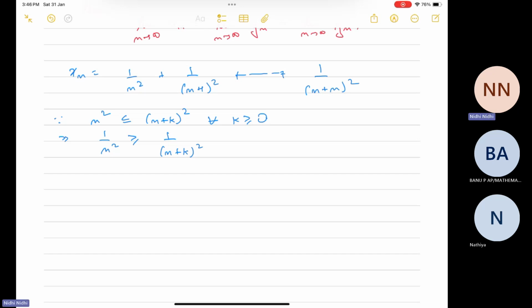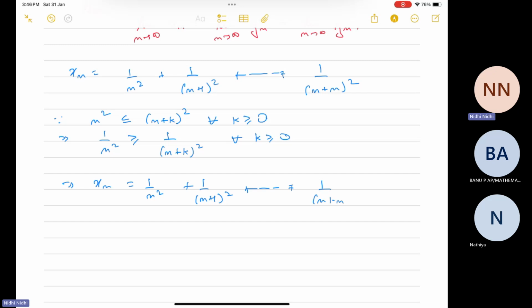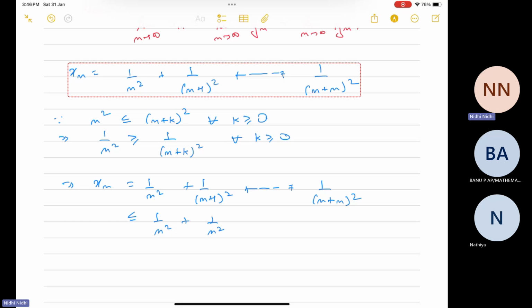So now taking reciprocal, we know that the inequality will interchange on n plus k square. So this will give us xn, this happens for every k greater than or equal to 0, which was 1 by n square plus 1 by n plus 1 square, and so on up to 1 by n plus n square. This will be less than or equal to 1 by n square plus 1 by n square, and so on up to 1 by n square.